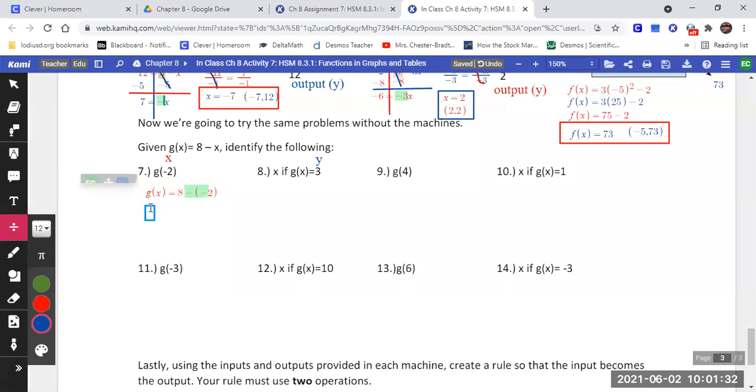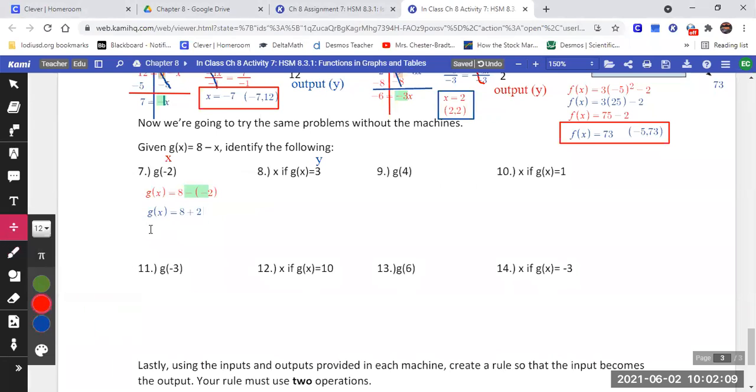Remember, minus means opposite of. So what that says, if I were to say it in words, is what is the opposite of -2? Because negative means opposite, subtraction means opposite. What is the opposite of a -2? +2. So what they really meant for you to say is 8 plus 2, because the opposite of a -2 is a +2.